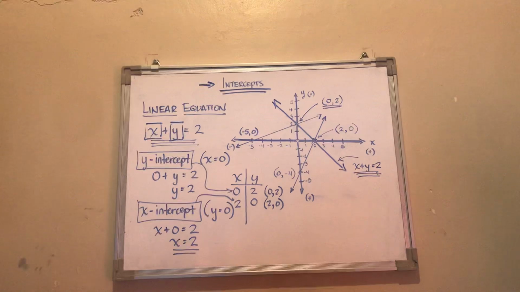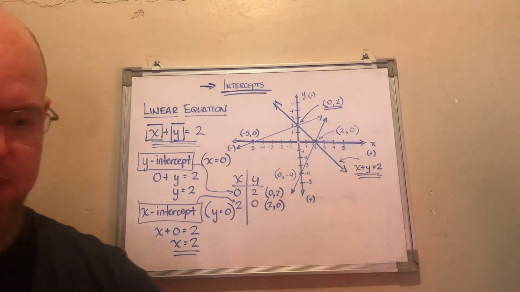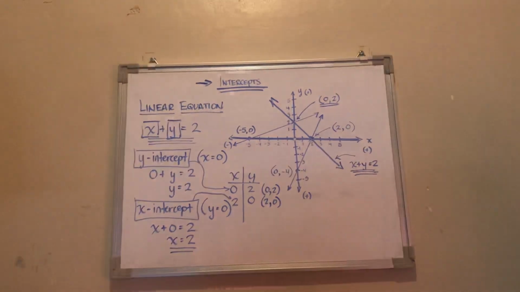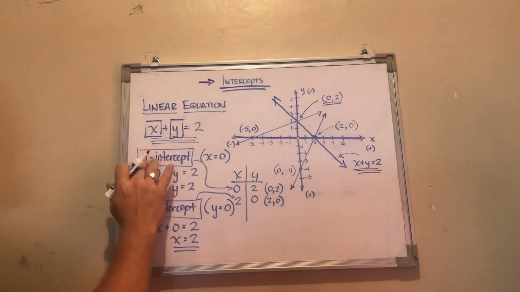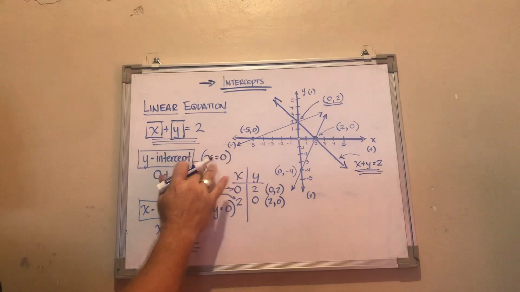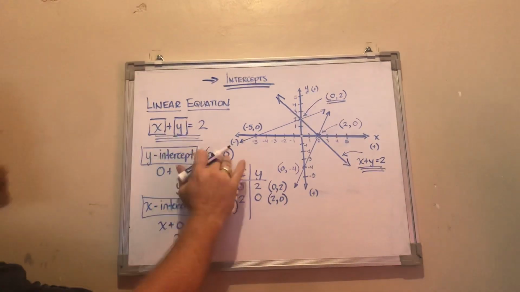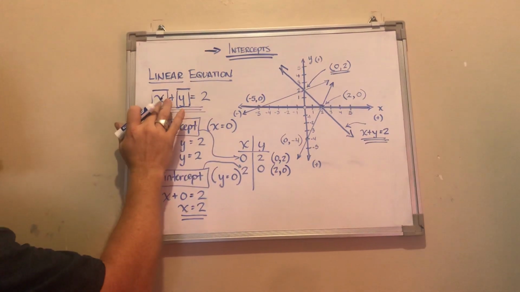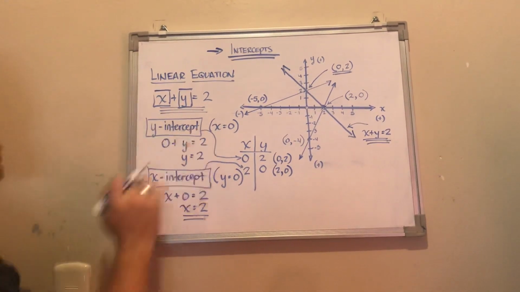Hopefully that makes sense. I'm going to give you guys a couple of problems that I want you to graph by finding the y-intercept. So the y-intercept is when x equals 0. So you set the equation to x equals 0. That will give you the y-intercept.